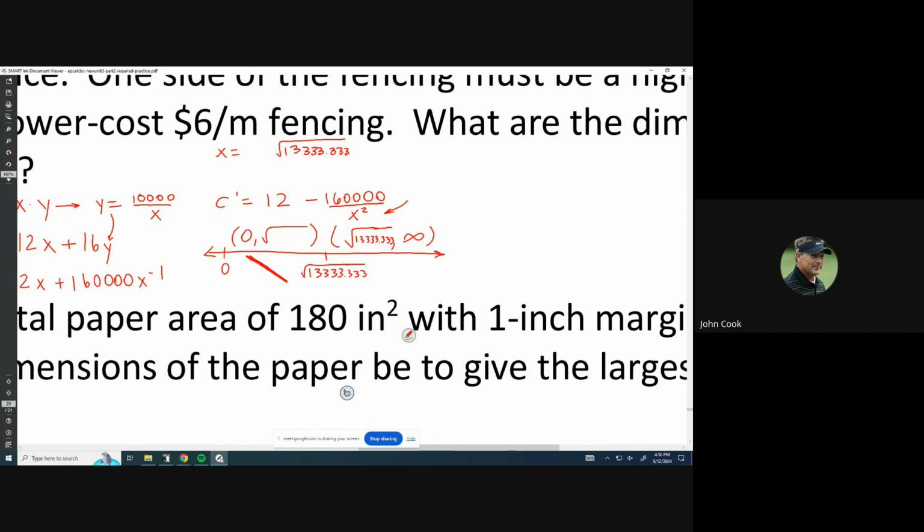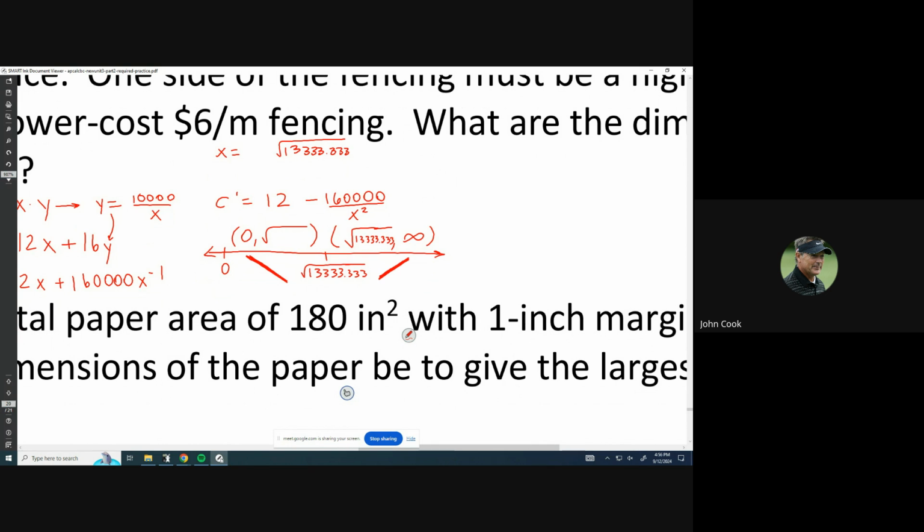The number that I would choose is the square root of 160,000, because if I square it, then I get 160,000. So I'll plug in that number, and 160,000 over 160,000 is going to be 1, and 12 minus 1 is going to be a positive number. So it's going to be increasing over here on the right-hand side.